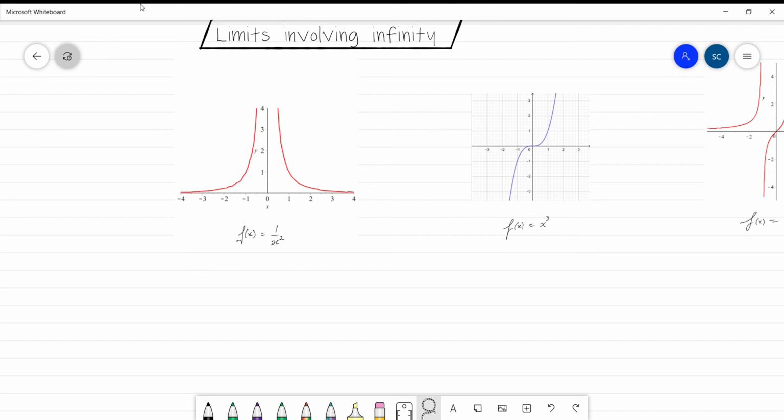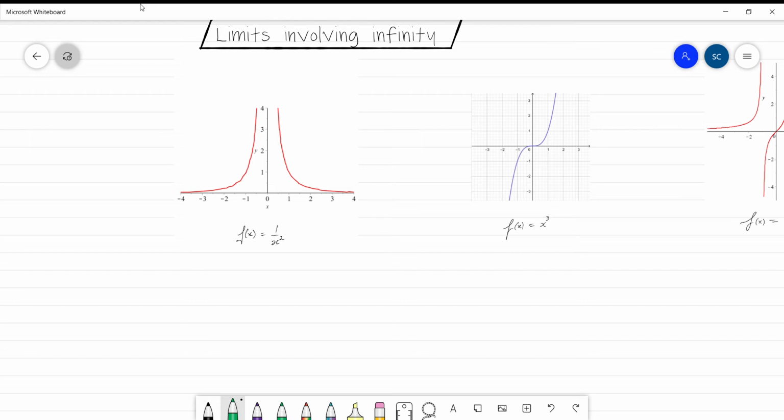If you look at these two graphs, we see different infinite behavior. Here, if you take x large negative or x large positive, we see the images, the f(x), so the y's, are approaching 0. So here we can describe a certain behavior.